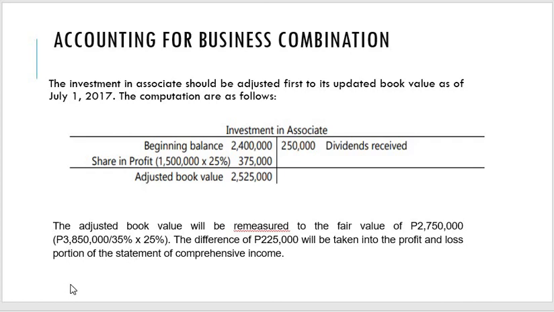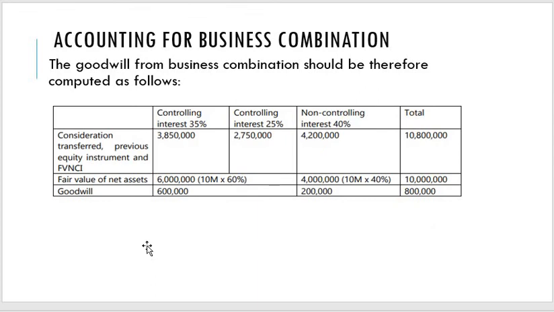Now, how do we compute for the goodwill and non-controlling interest? Since given naman yung fair value of non-controlling interest, that's 4.2 million, and then diba, the computation for goodwill is the sum of the consideration transferred plus the fair value of the previously held equity interest plus the fair value of your non-controlling interest, that's the total 10.8 million, less the fair value of our net assets, which is 10 million.